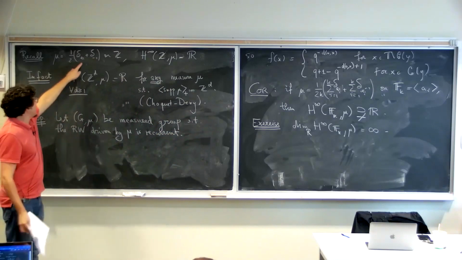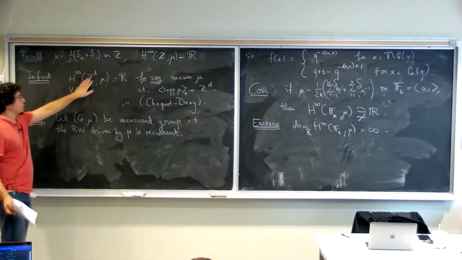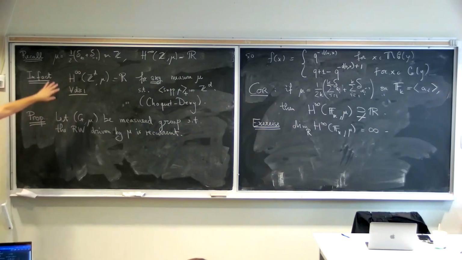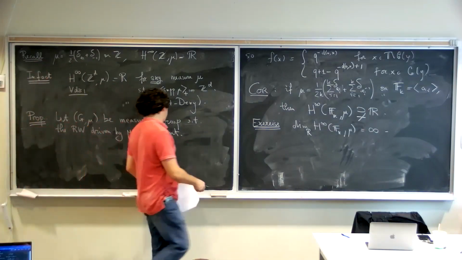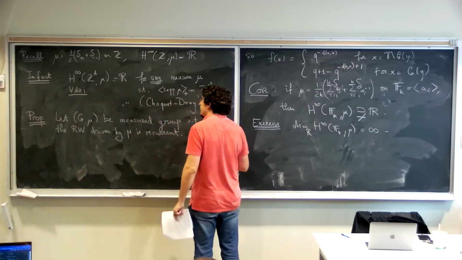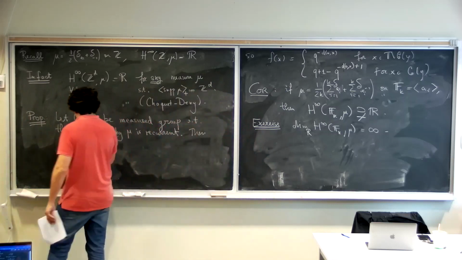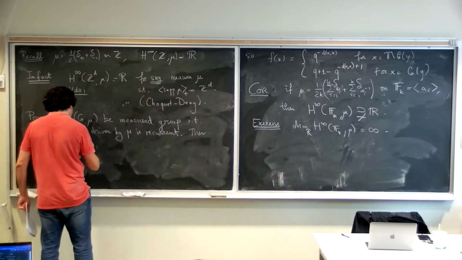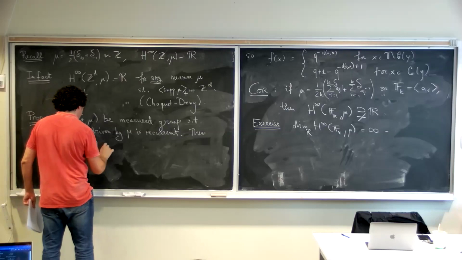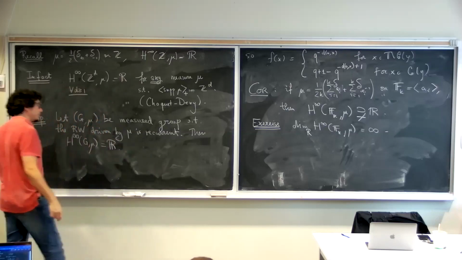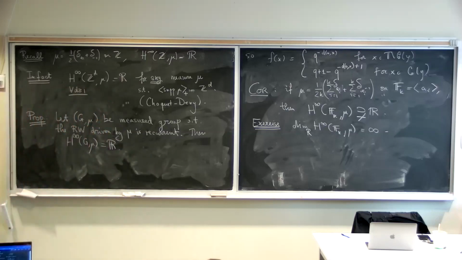For instance, this is the case for random walk in Z^2, but for higher D this is not the case. Then H infinity of G, mu is only the constants. Let's look at the proof.